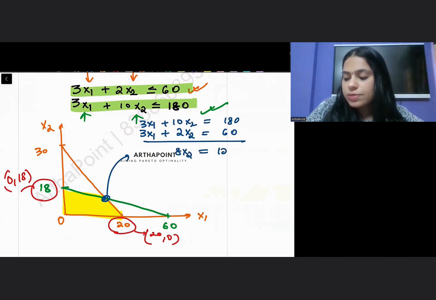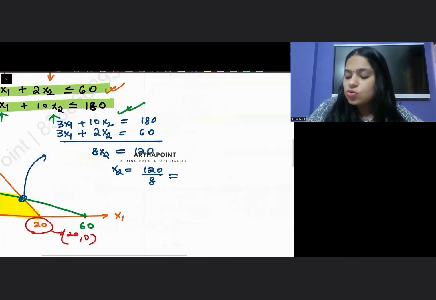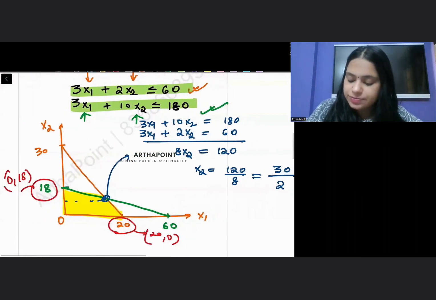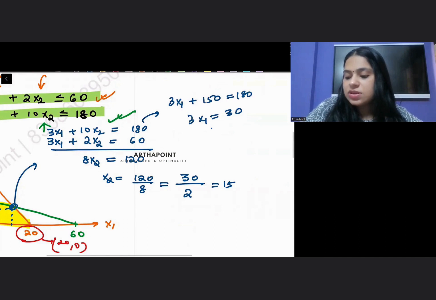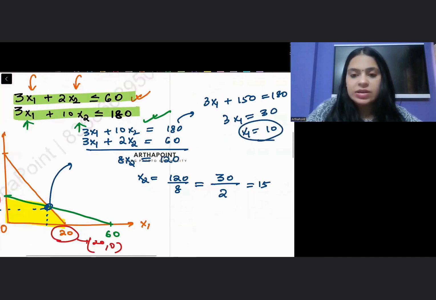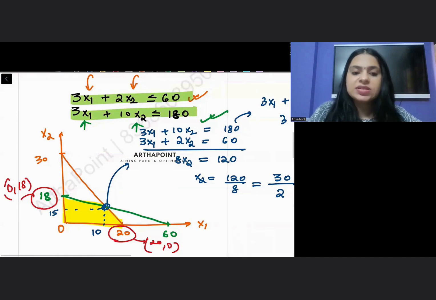So 8x2 will be 120, so x2 will be 120 by 8, which is 15. And if x2 is 15, what is x1? I can put it here. So 3x1 plus 150 will be 180, 3x1 will be 30, and x1 will be 10. So this point will be 10, 15.